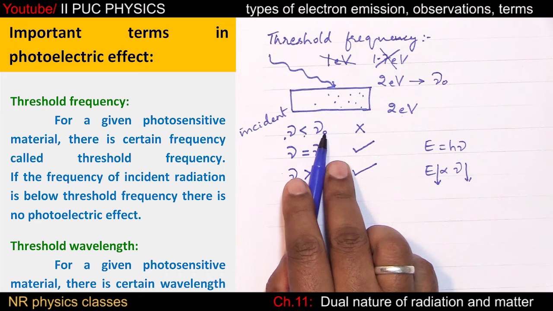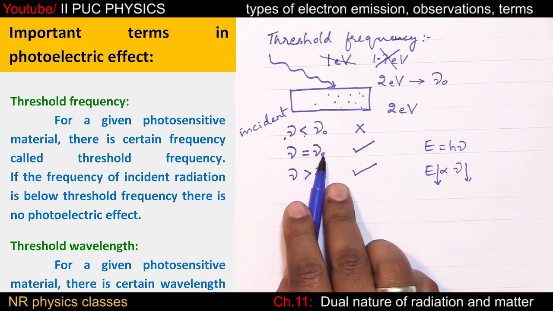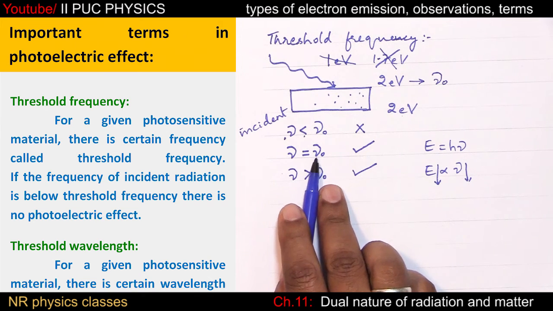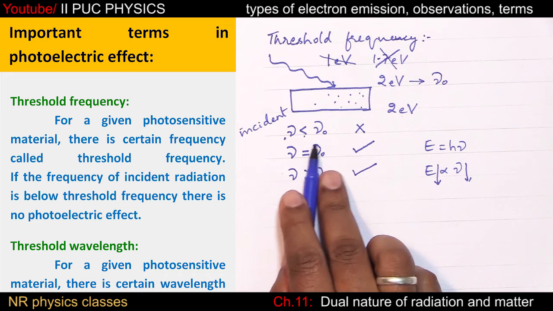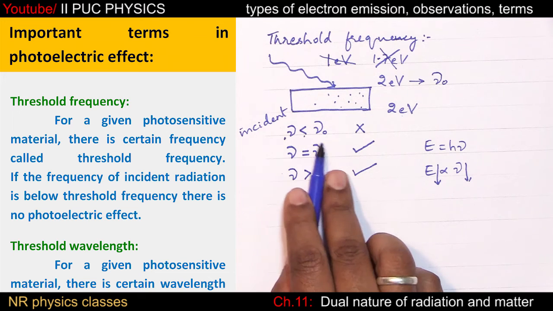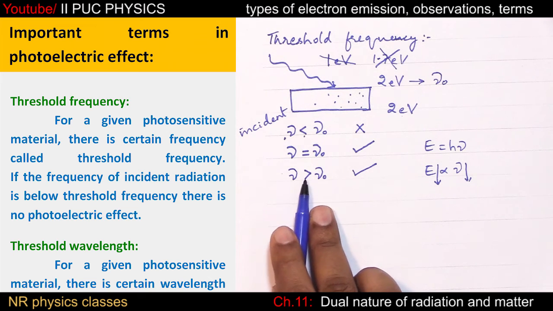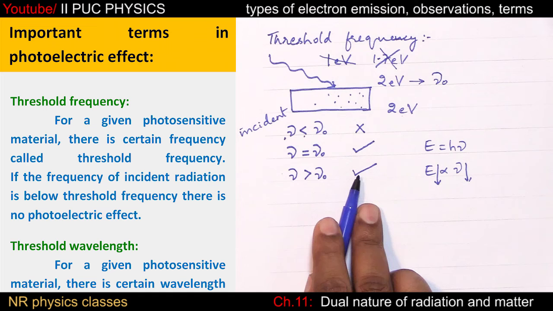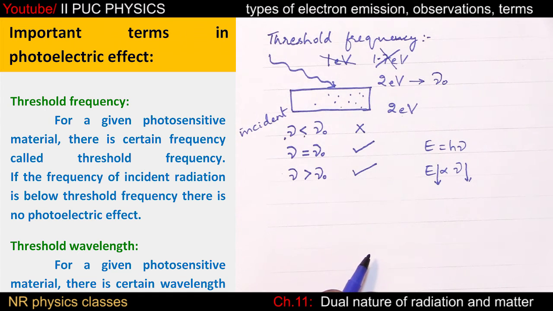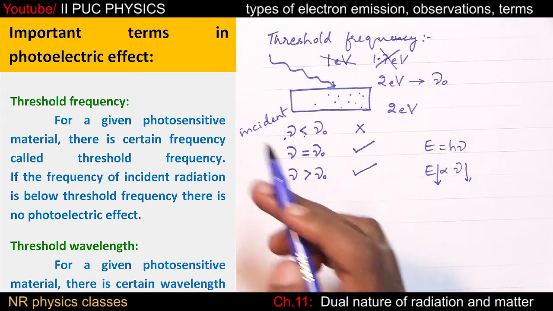Frequency less means not sufficient. Equal to means just sufficient. We try to avoid this case because we won't be able to find electrons. Frequency greater than threshold means certainly there is emission of photoelectrons. Again, go through this statement and copy.